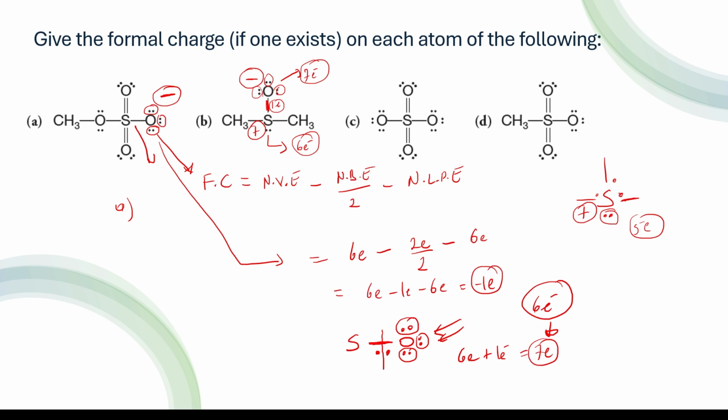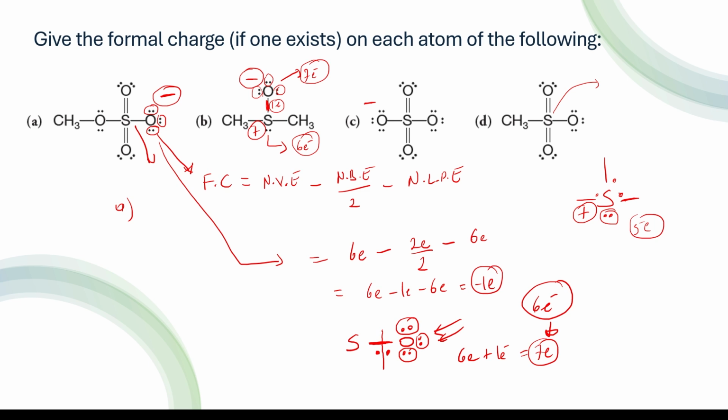Again, in option C, this oxygen has a negative 1 formal charge, and in the other option, this oxygen has a negative formal charge. You may ask, what is the formal charge of this sulfur?